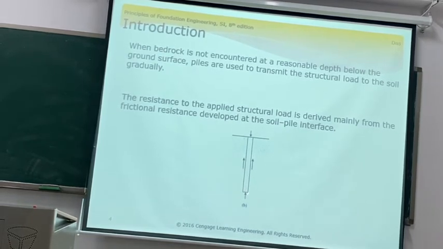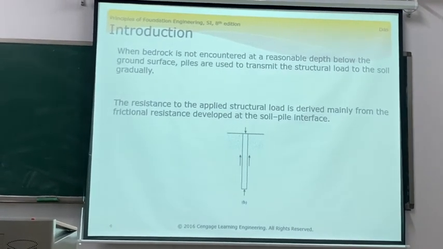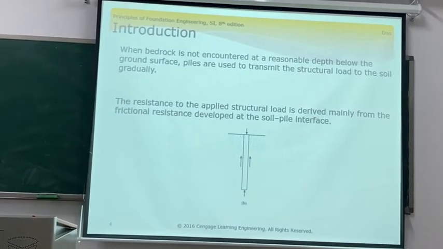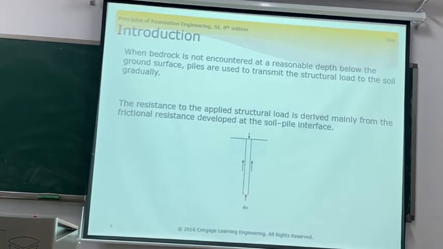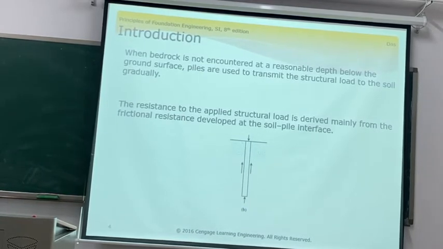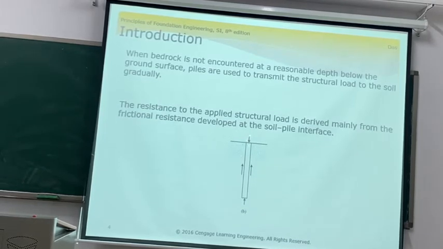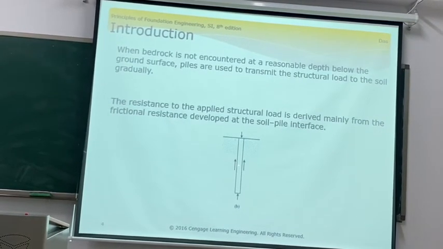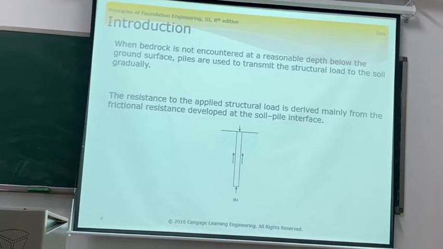Because the bedrock is very deep, the bottom of the pile is not at the bedrock, we can't set the bottom of the pile on the bedrock. Then the support by the pile comes from the friction between the pile and the soil interface.